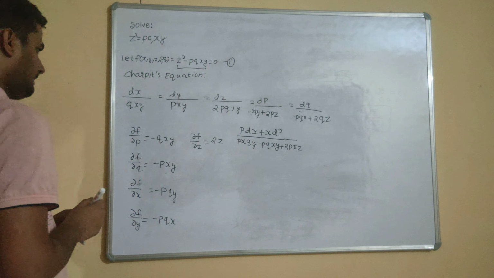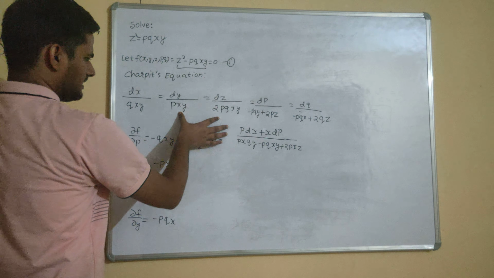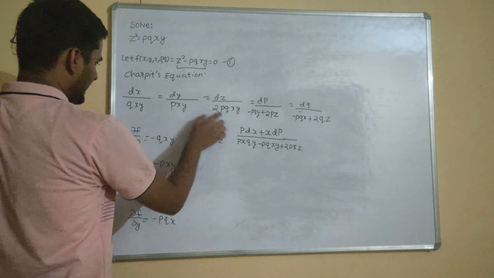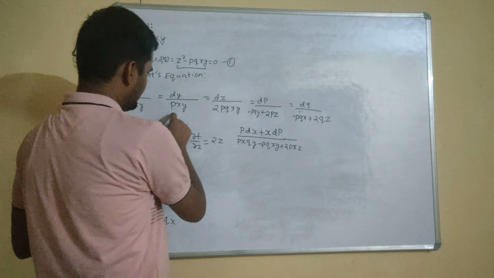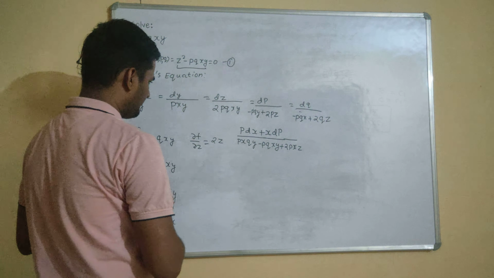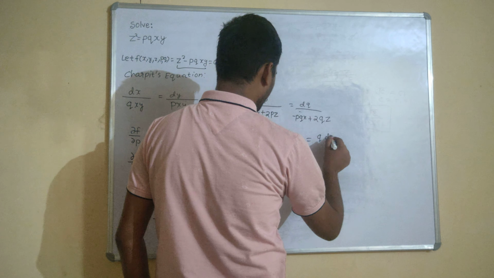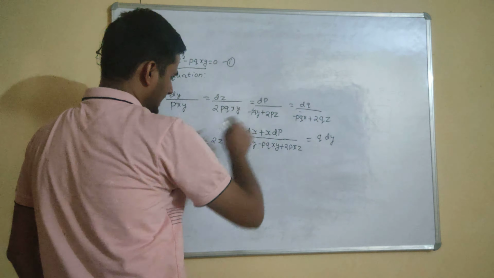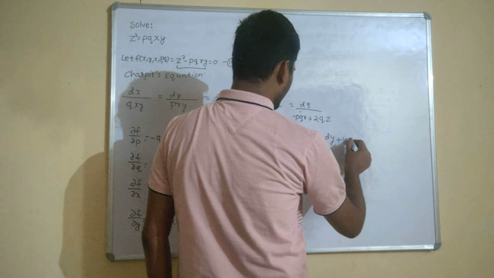Now these two are not in my radar. I have already used this, so my eyes are on the second one. Again I multiply this by q, so I will get q dy. From here I will definitely have to multiply by y, so plus y dq.